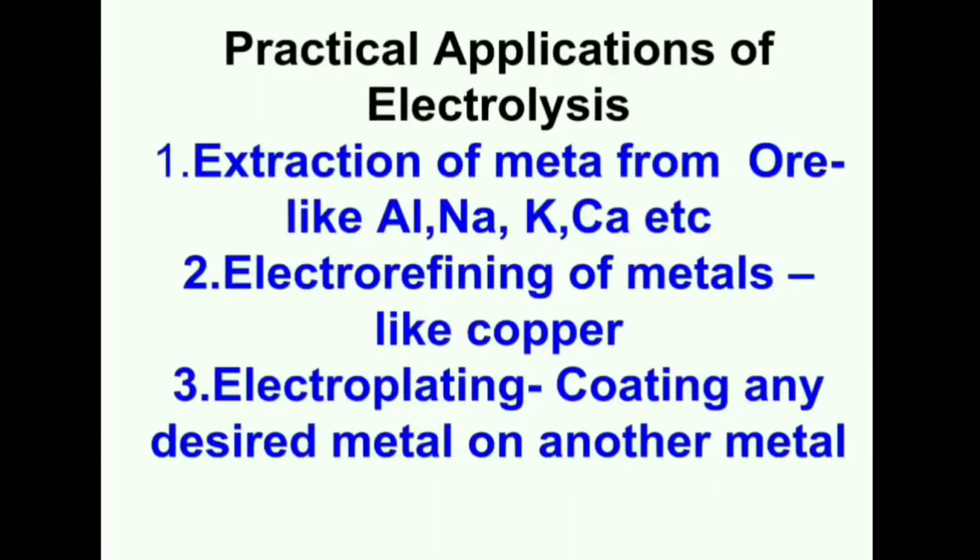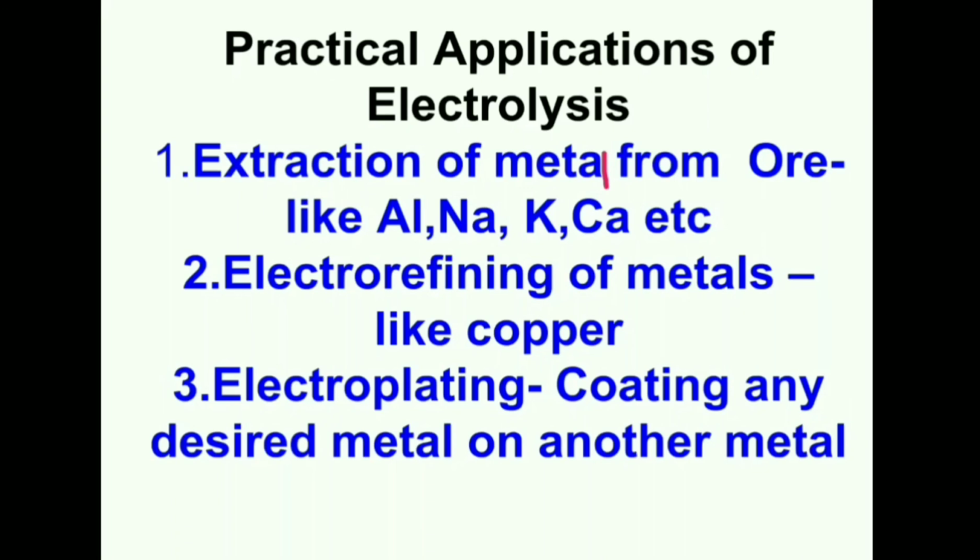The chemical effects of current or electrolysis have many important applications. The very first is this process is used to extract metal from their ores. In the process of metallurgy, we use the process of electrolysis to extract metal from their ores.